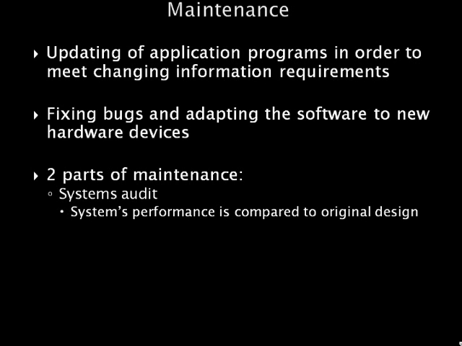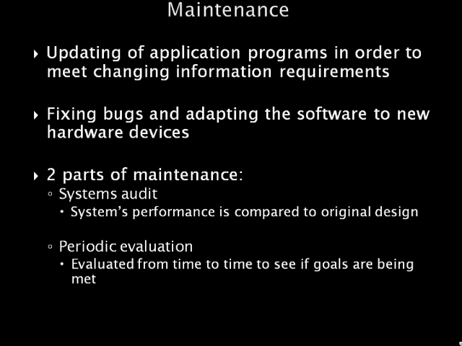And after the systems audit, the new information system is periodically evaluated. All systems should be evaluated from time to time to see if they are meeting the goals and providing the service they are supposed to. Changes to correct coding or design errors can be made. There are 3 types of maintenance.